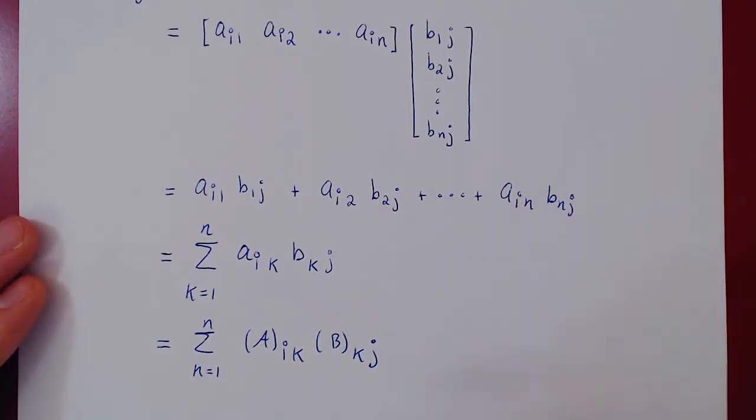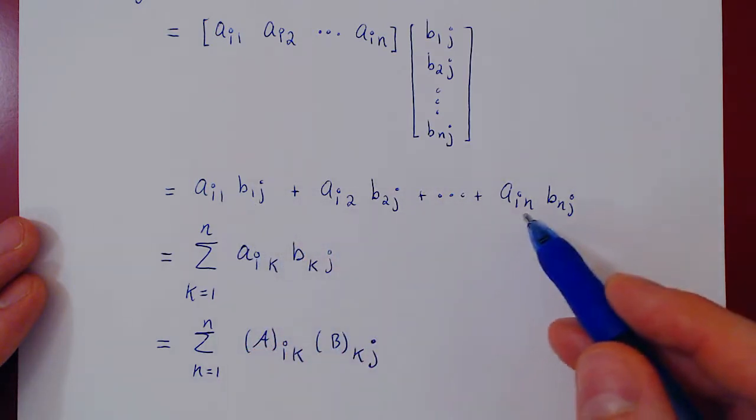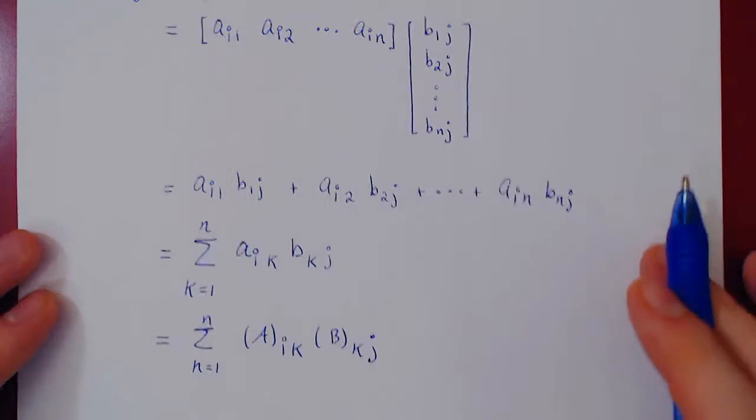And one thing I'll do is I'll actually drop the beginning and the end of our summation. I'll simply write the sum over K, meaning we sum over all possible values of K.